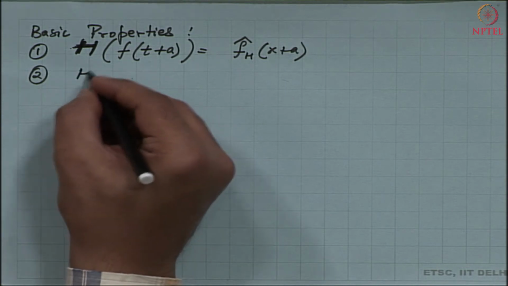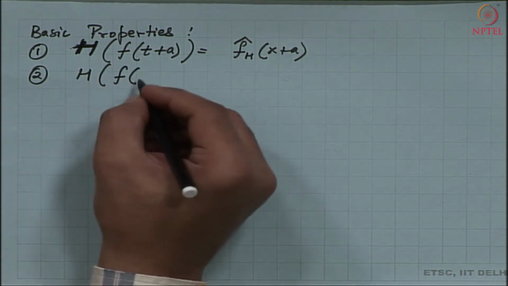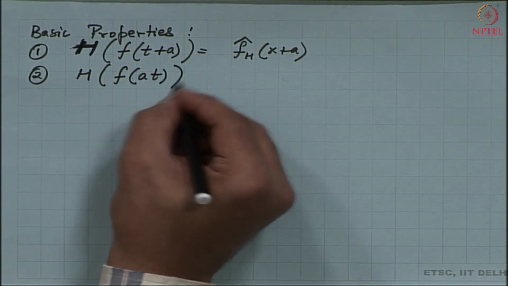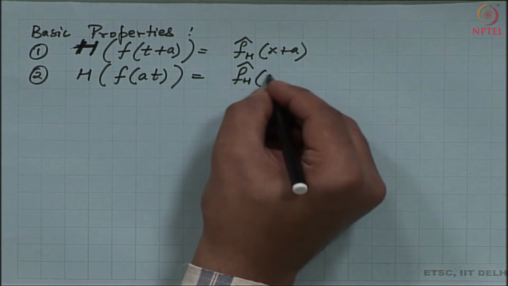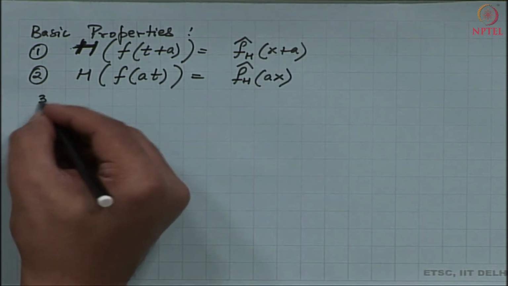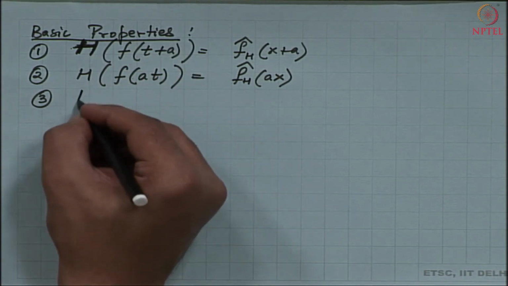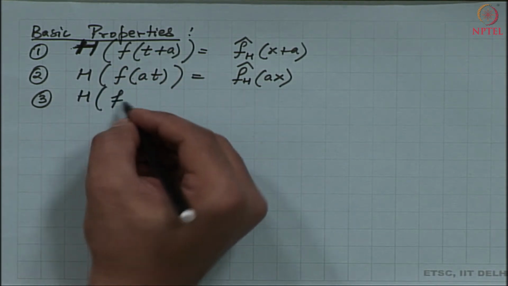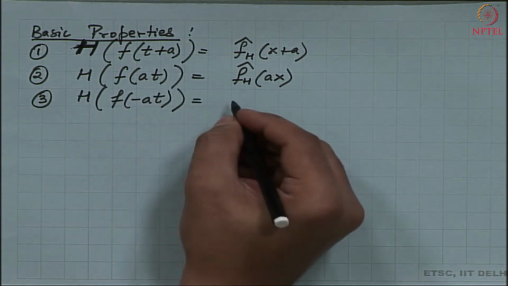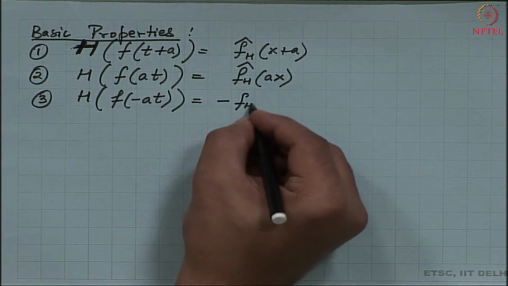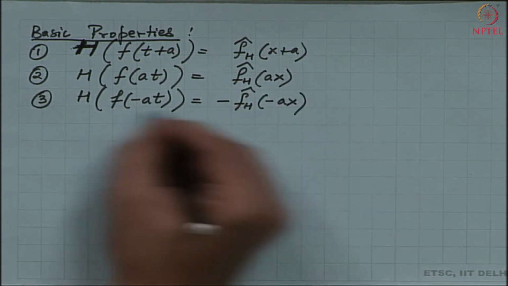Then we have the so called scaling property of the Hilbert transform. H of f of a t is equal to f hat h of a x. Then the Hilbert transform of f of negative a t is negative f hat h of negative a x.